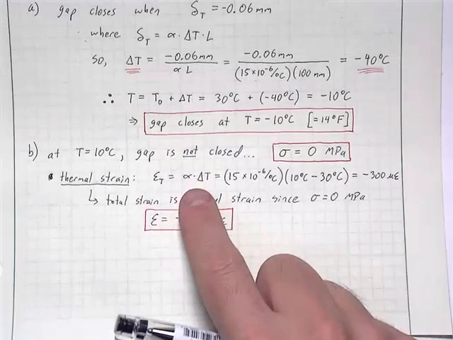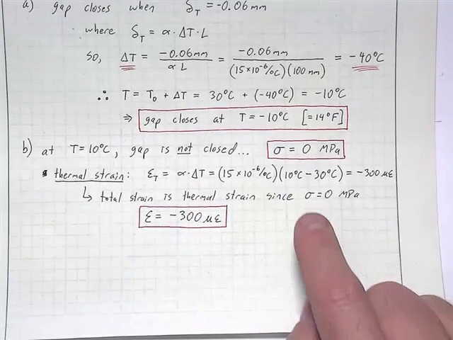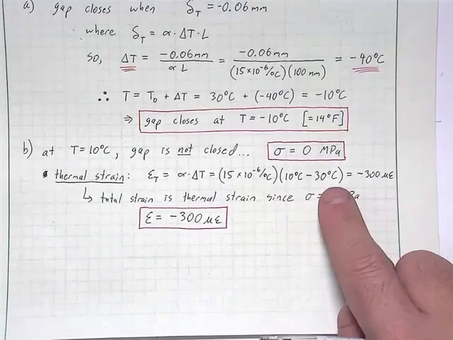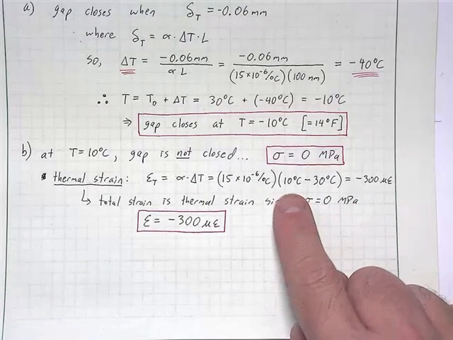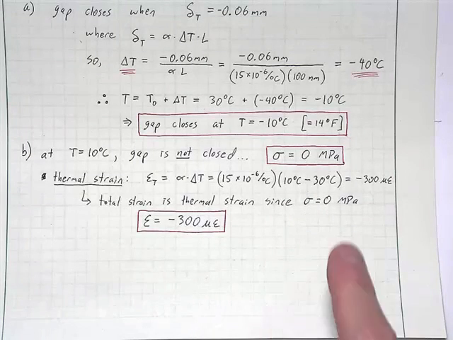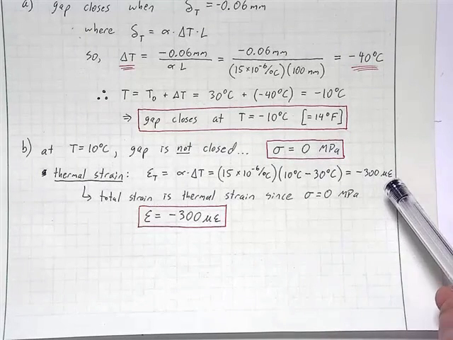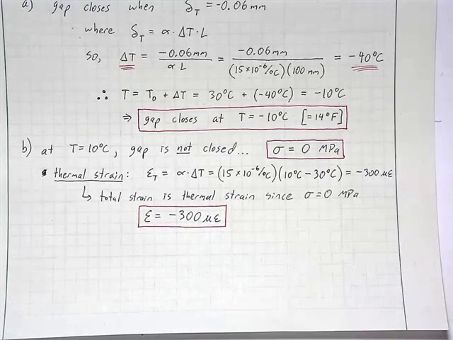Thermal strain is just the thermal expansion coefficient multiplied by the temperature change. Our temperature change here is, well, we started at 30 degrees Celsius, we're now at 10 degrees Celsius, so there was a minus 20 degree temperature change in Celsius. So the thermal strain is just going to be minus 300 microstrain, and that is the total strain because there's no restriction to deformation yet.